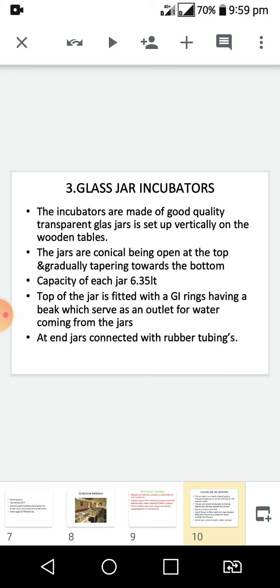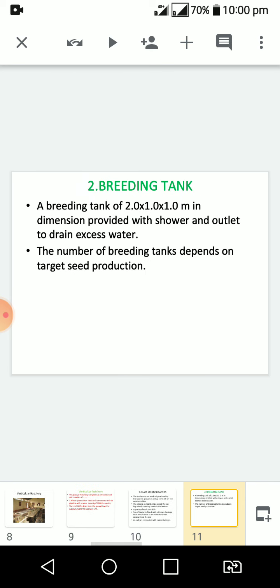At the end, jars are connected with rubber tubings.